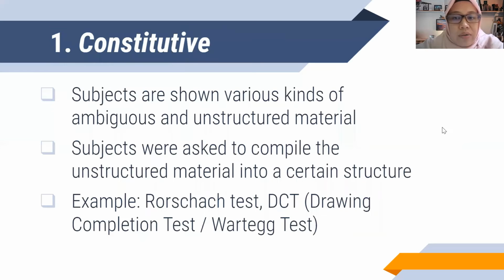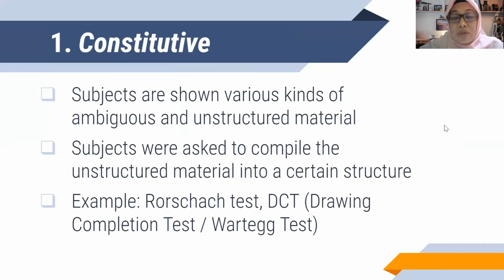Okay, we figure out one by one. The first is the constitutive methods. The keyword is unstructured material. Subjects are shown various kinds of ambiguous and unstructured material, and then they are asked to compile the unstructured material into a certain structure.